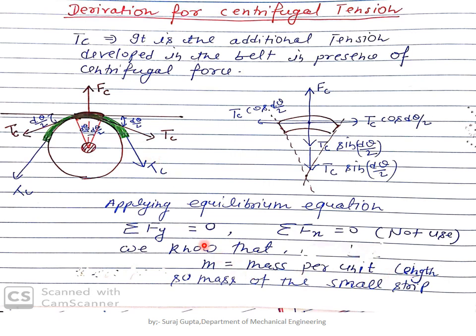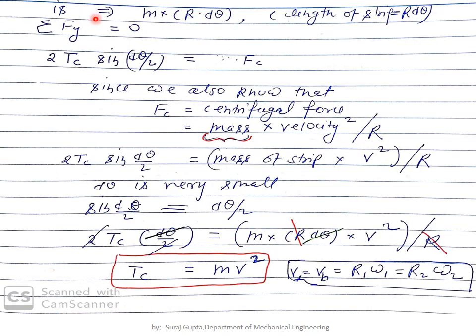Per meter the mass is small m, so for this r dθ the mass will be m into r dθ.